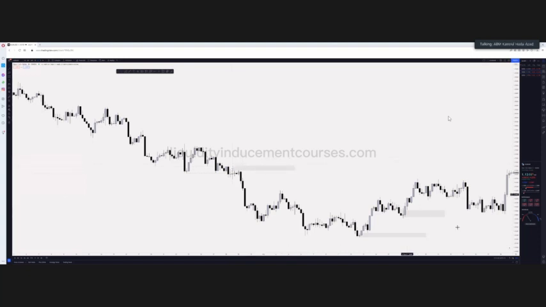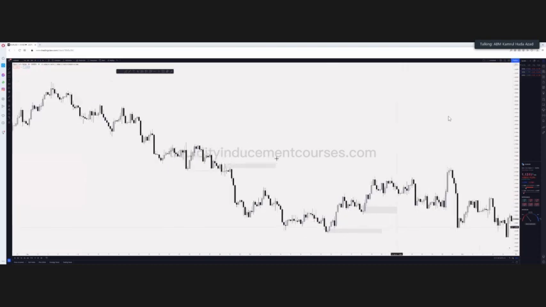Now, let's extend this into the future. Boom, structural liquidity. You see that? Boom, structural liquidity.